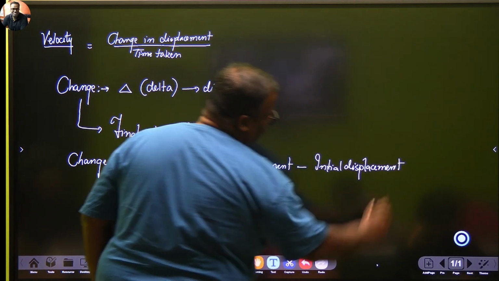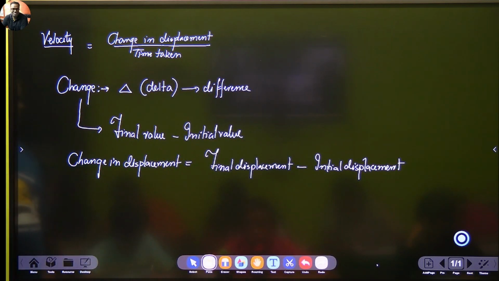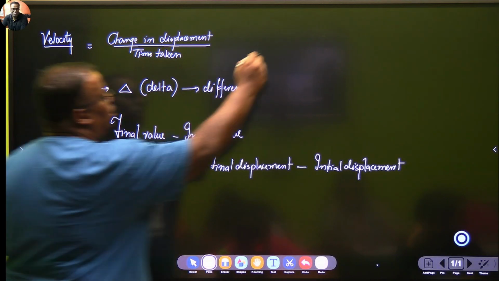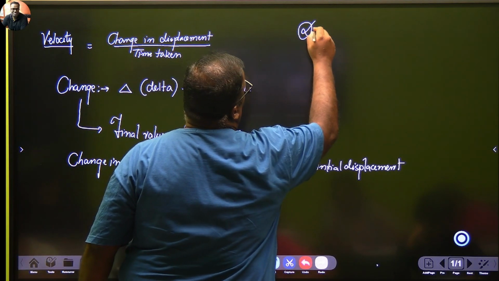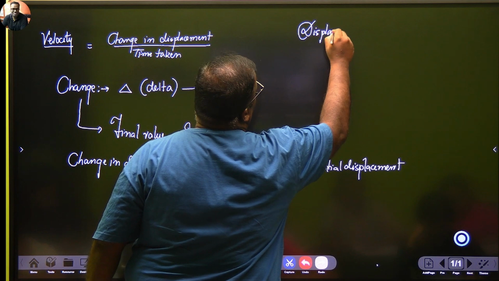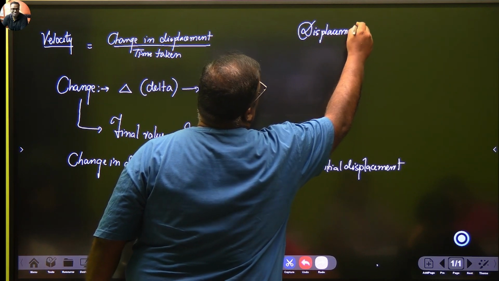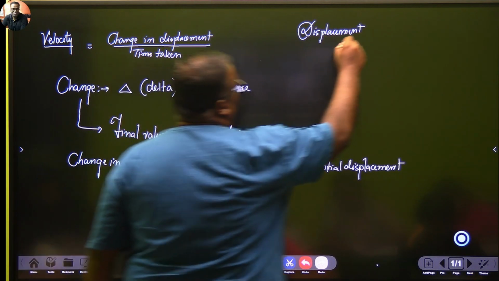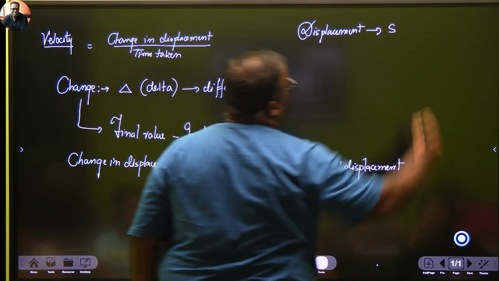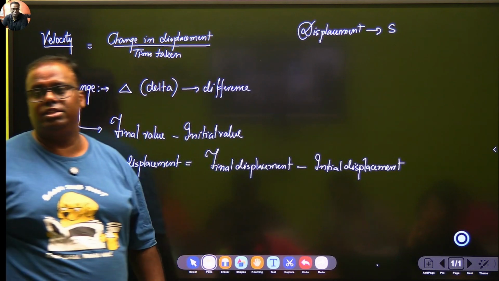Is that fine, children? Displacement as a quantity in physics will always be represented by S. And in American books, they will represent it by X. We will represent it by S. Displacement is represented by the letter S.